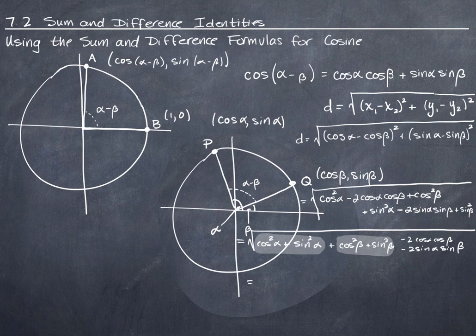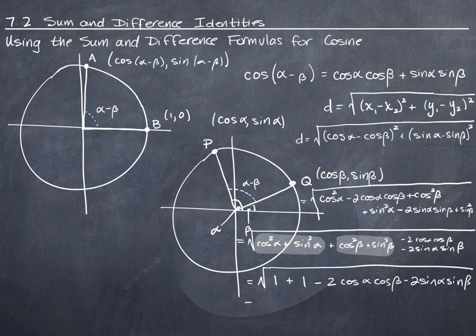This is going to be equal to the square root of 1 plus 1 minus 2 times the cosine of alpha times the cosine of beta minus 2 times the sine of alpha times the sine of beta. Now I can put that all in my square root. This, of course, is 2. So I'm going to cheat.